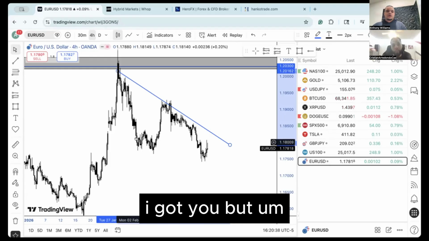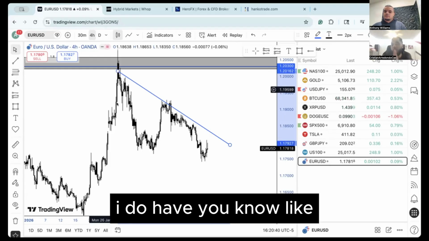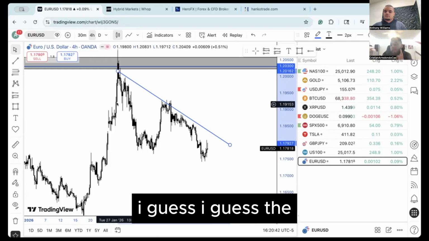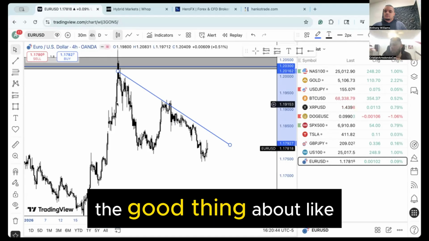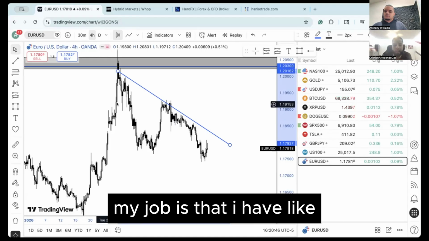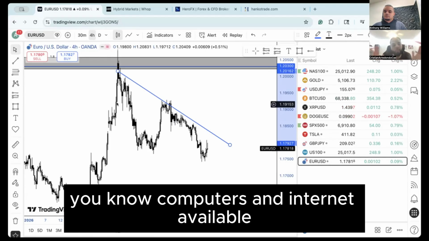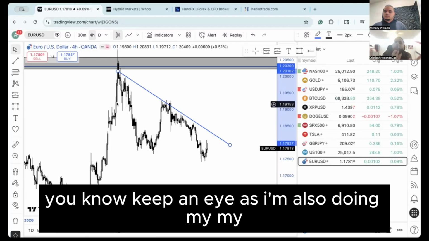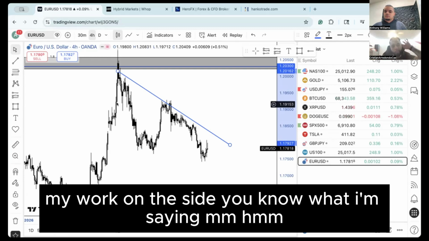But the good thing about my job is that I have computers and internet available, so I could keep an eye on it while I'm doing my work on the side. You get what I'm saying?